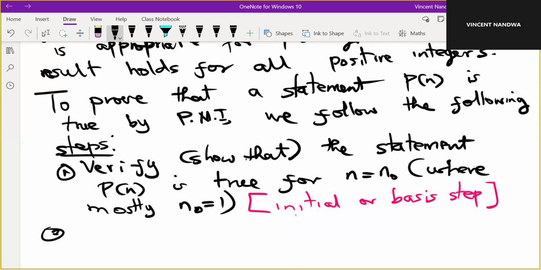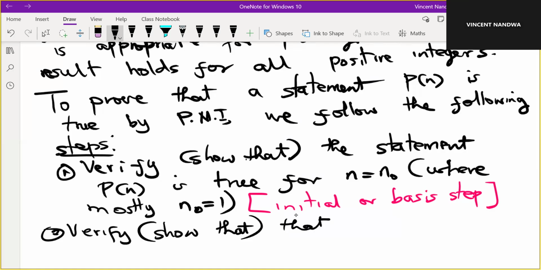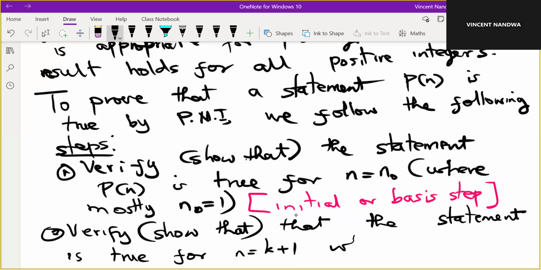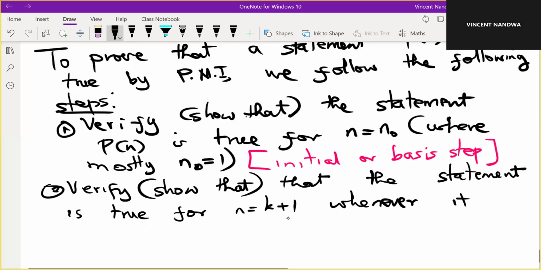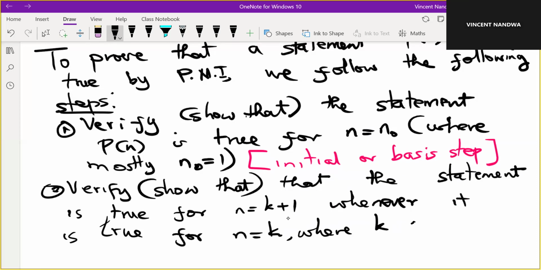So number 2, verify or show that the statement is true for n equals k plus 1 whenever it is true for n equals k, where k is a positive integer.